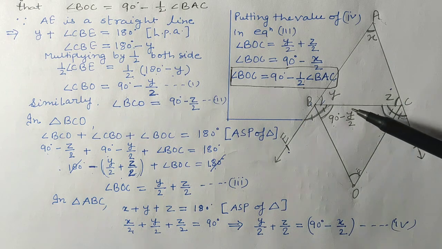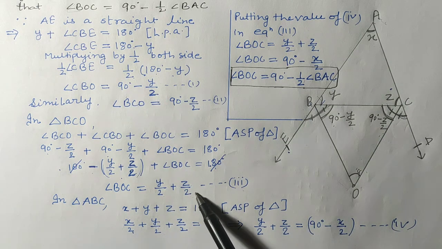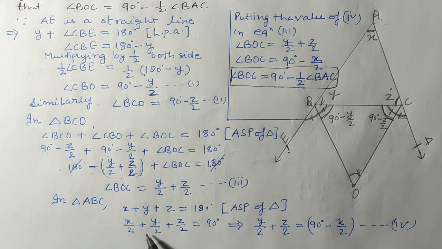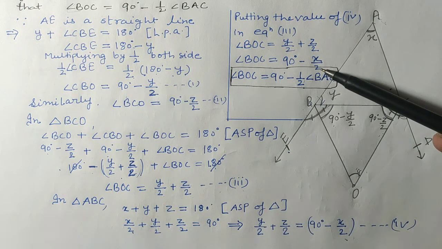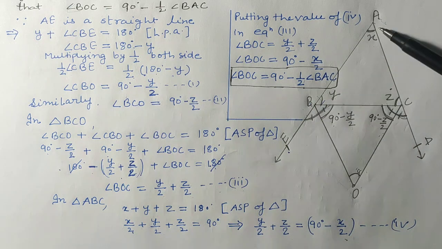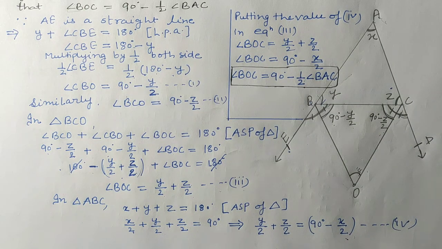From here we found the value of y by 2 plus z by 2, so that we can put it in equation 3. That value is 90 degree minus x by 2, and we put it in this equation to get angle BOC is equal to 90 minus x by 2. X is angle BAC. So here we have got what was required to prove. Students, just pause the video and note down this question.